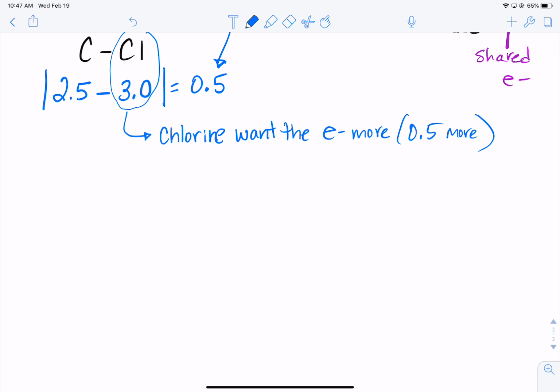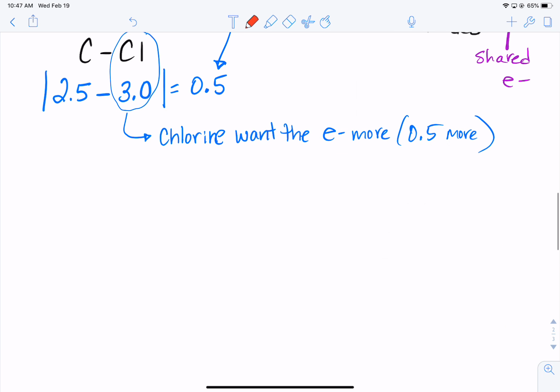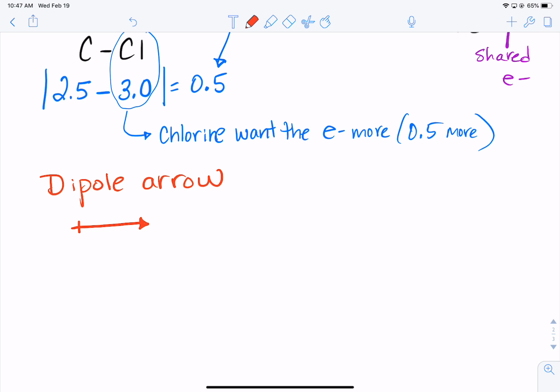All right. So what we can do is we can assign what's called a dipole arrow. Here, we'll do this in red. A dipole arrow looks like this. It's an arrow that we can assign, but it's got a little tail.